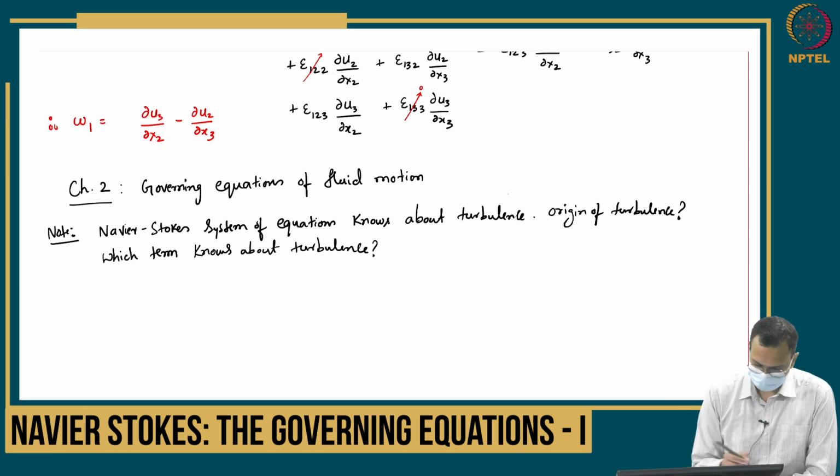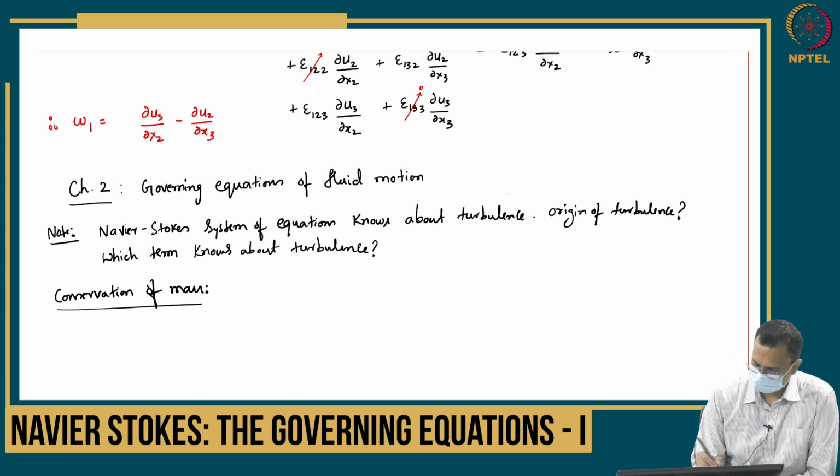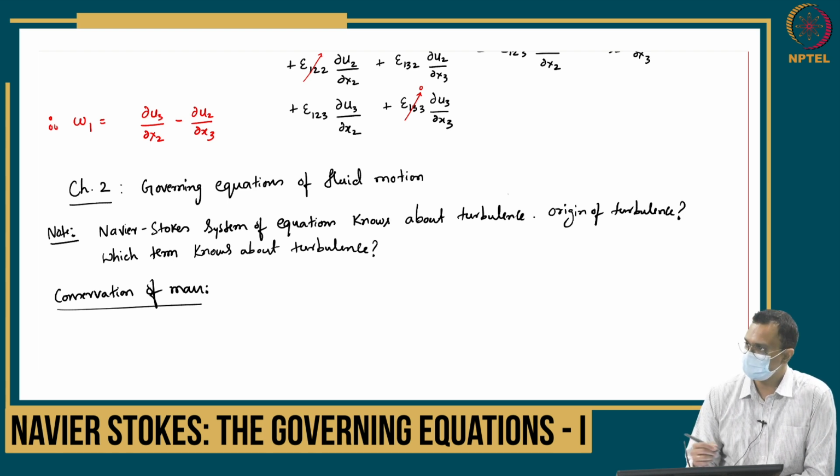So first we look into conservation of mass here. I will proceed only in terms of Cartesian tensor notations. Okay, leave out the vector form.